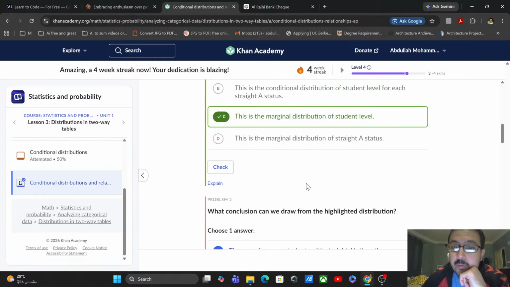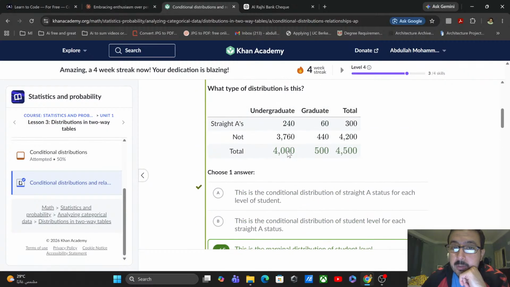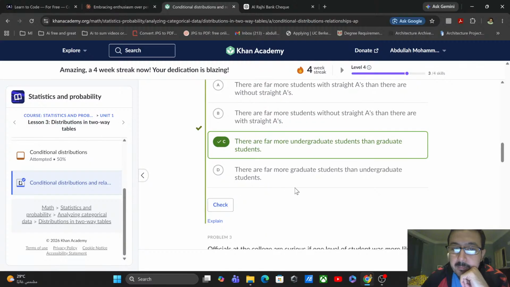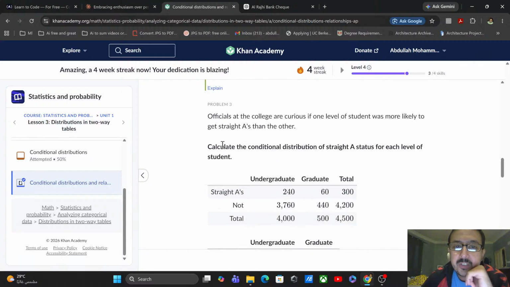There are far more undergraduates. Okay, undergraduates, graduates. Yep. Okay. Calculate the conditional distribution of straight A status for each level of student.